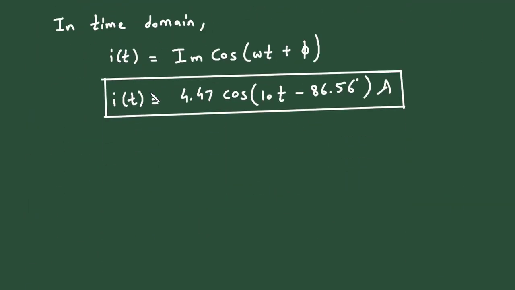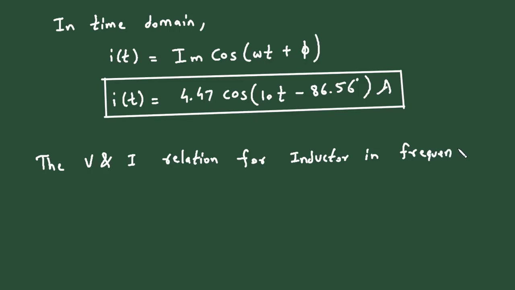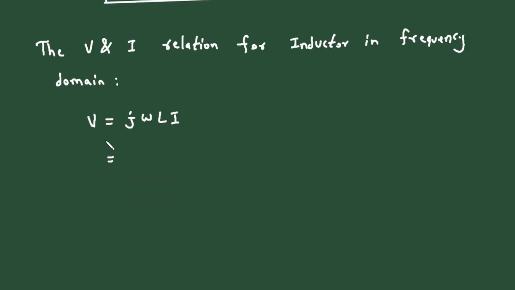To find the voltage across inductor, we know that the V and I relation for inductor in frequency domain is given by V is equal to j omega L I. So we have to find the value of voltage.